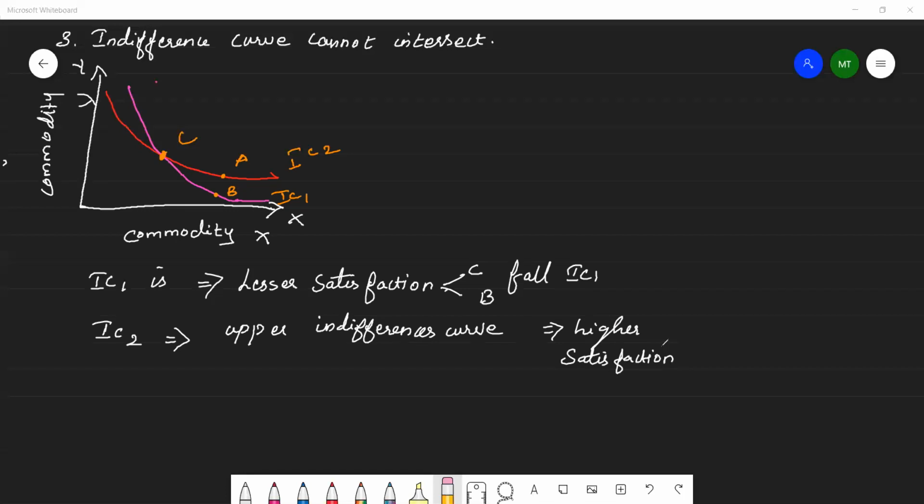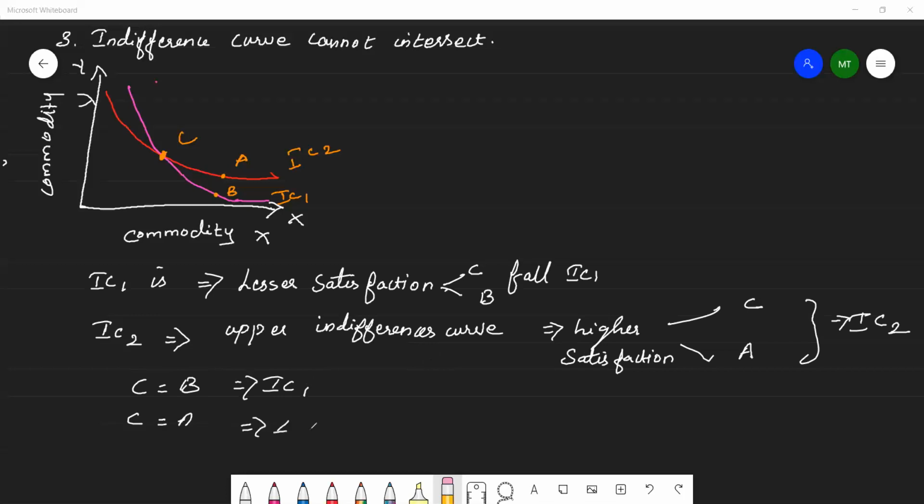So C and A combinations are on IC2. At the point of intersection, C is equal to B on IC1, and C is equal to A on IC2.